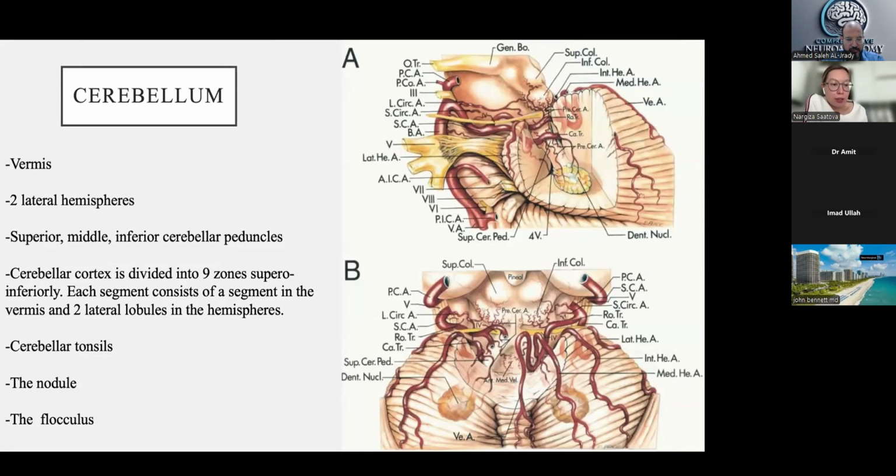The superior cerebellar peduncle is connected to the midbrain, the middle cerebellar peduncle to the pons, and the inferior cerebellar peduncle to the medulla. The cerebellar cortex is divided into 9 zones, superoinferiorly. Each segment consists of a segment in the vermis and 2 lateral lobes in the hemispheres. It also contains the cerebellar tonsils, nodule, and the flocculus.